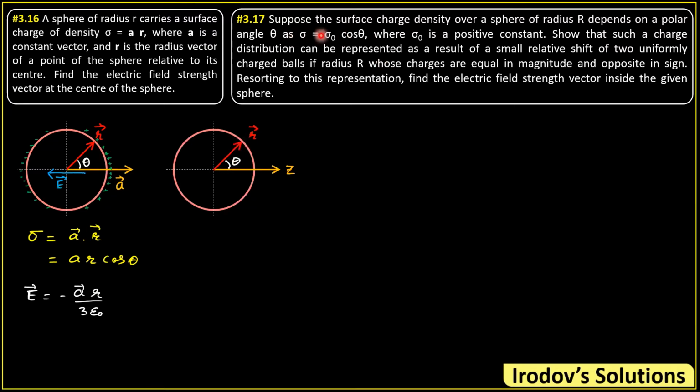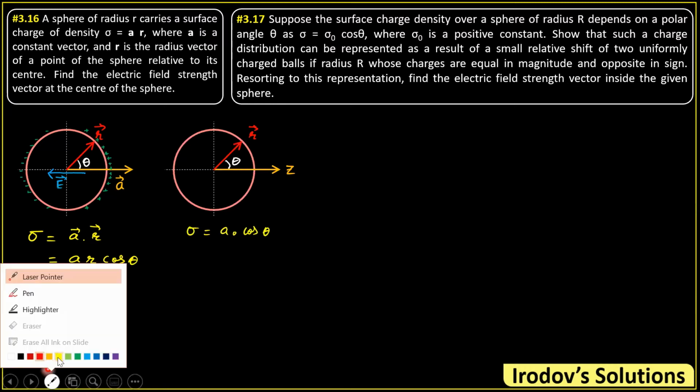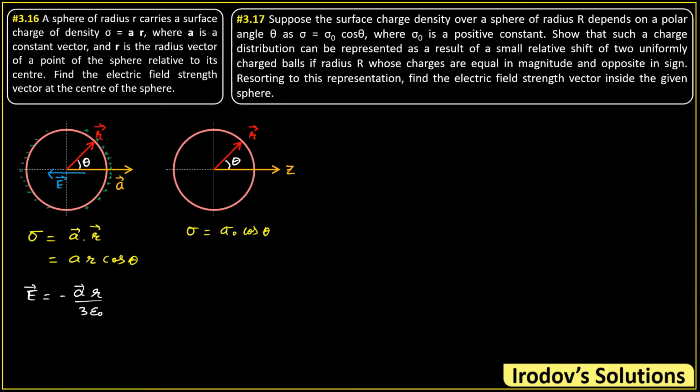At this point, the surface charge density is sigma equal to sigma naught cos theta. If I compare this charge density with the earlier one, I can say that a r is equal to sigma naught, because it is varying with cos theta.